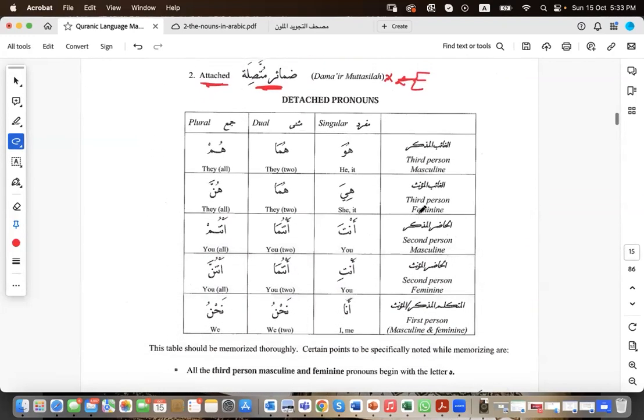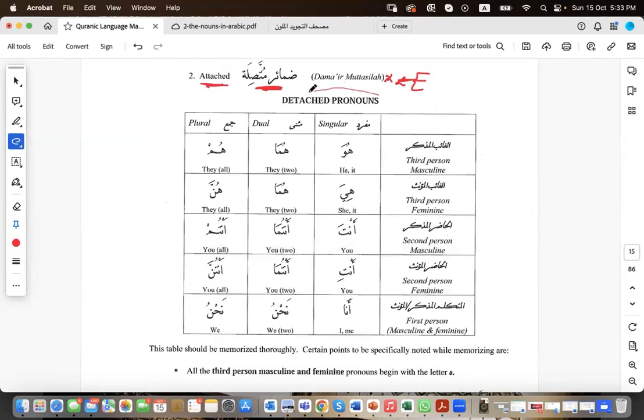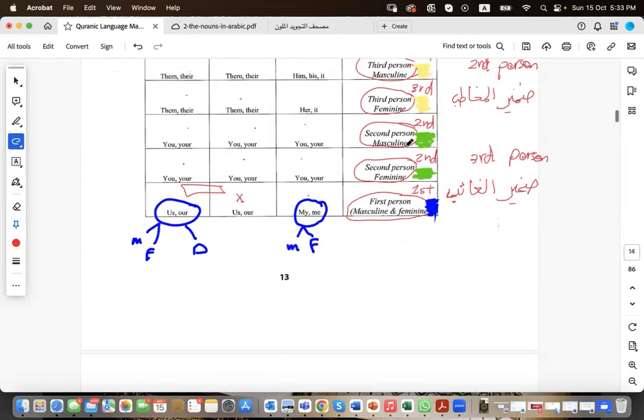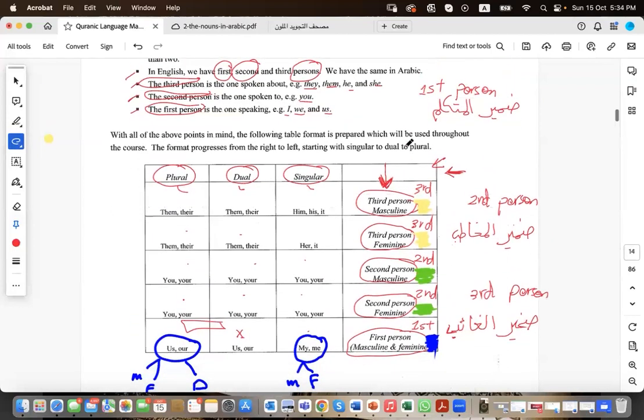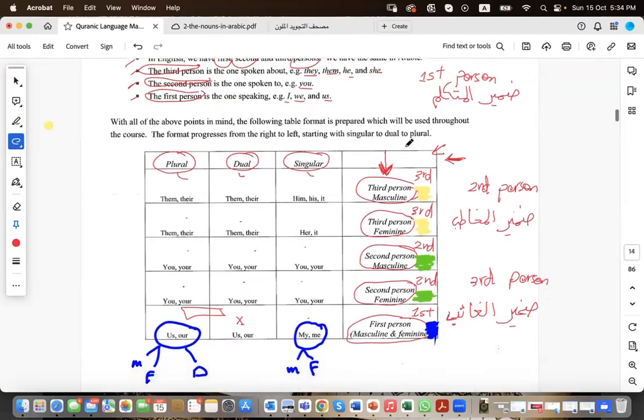Now we're going to focus only on the detached pronouns, and please keep in mind the table that we have just introduced in the previous page. So again, we have الغائب المذكر, that is the third person I have mentioned already. Remember, I have mentioned here the names of the different moods. So first person ضمير المتكلم, second person is ضمير المخاطب, and third person is ضمير الغائب.